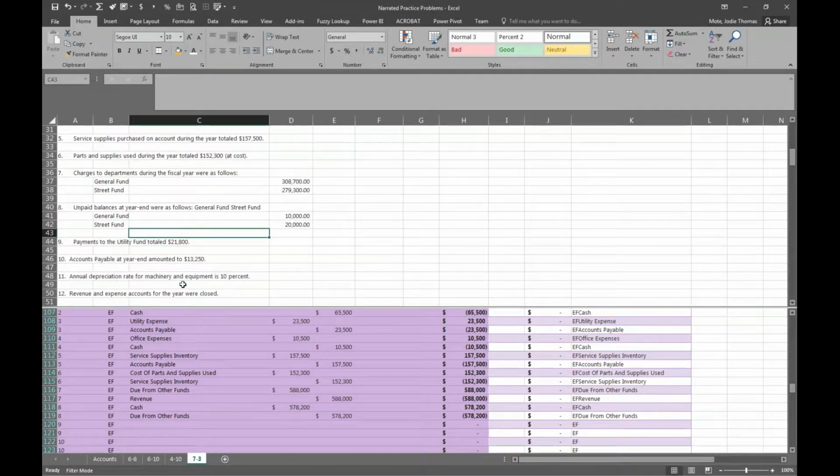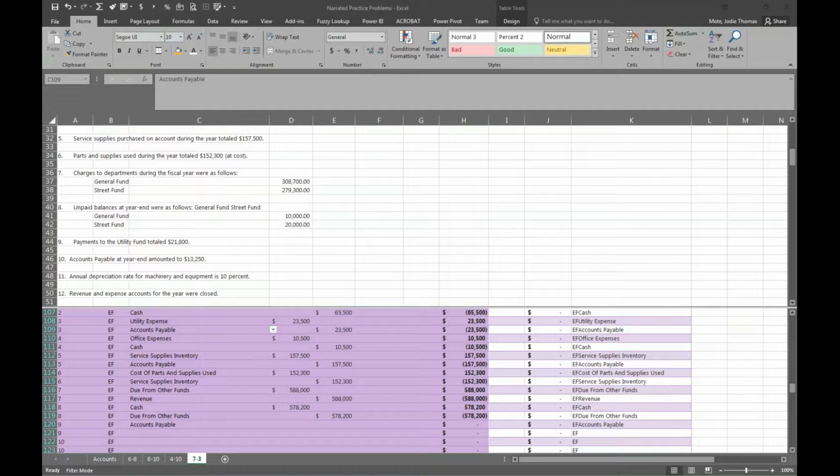All right. Number 9, payments to the utility fund totaled 21,800. So this one should be easy too. We had some bills earlier where we recorded our payable for the utility, so we're paying those bills off now. Actually, did we record accounts payable earlier instead of due to other funds?